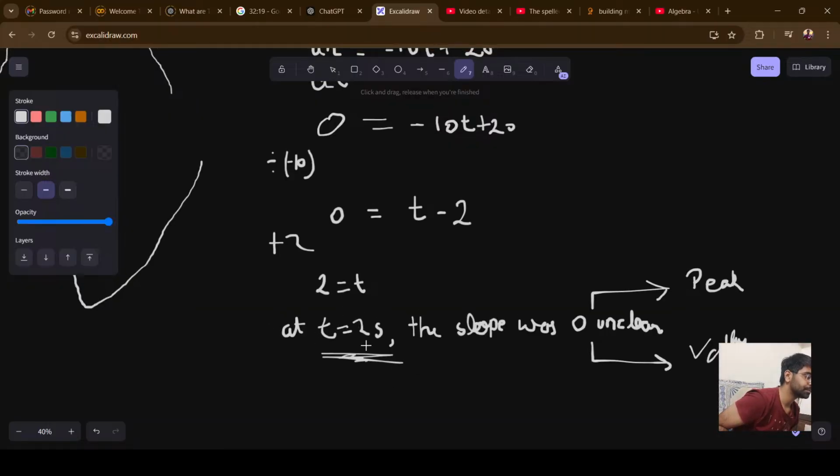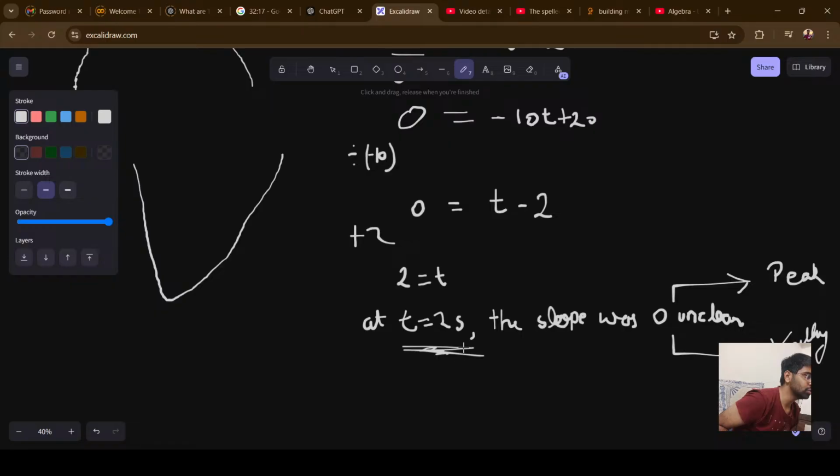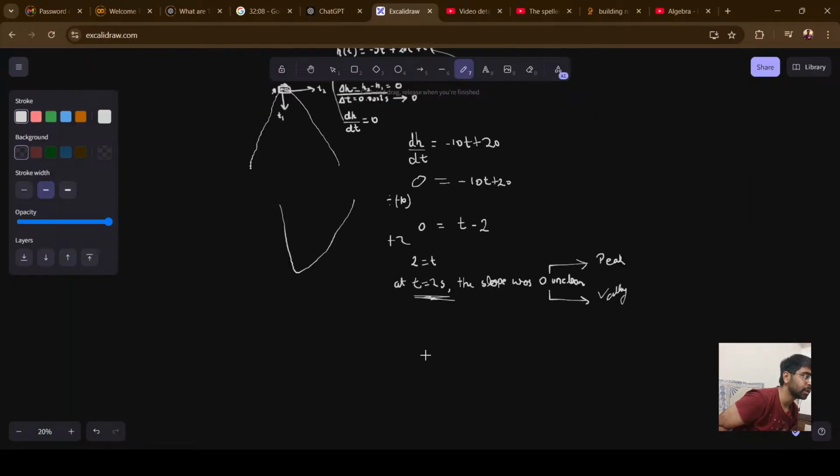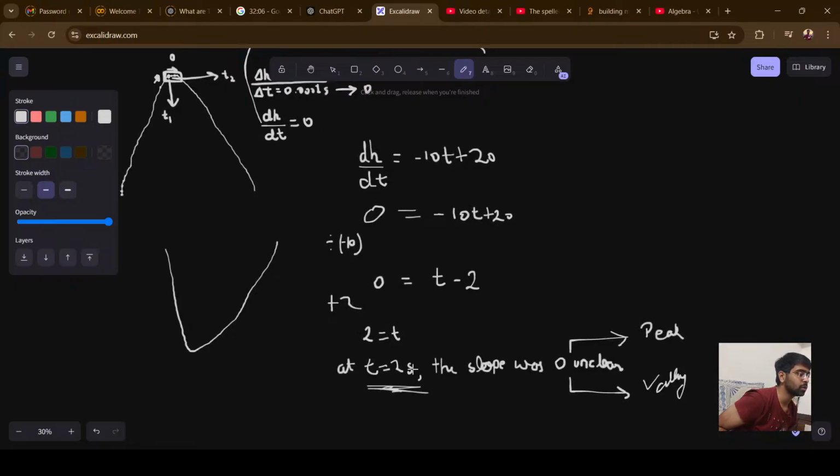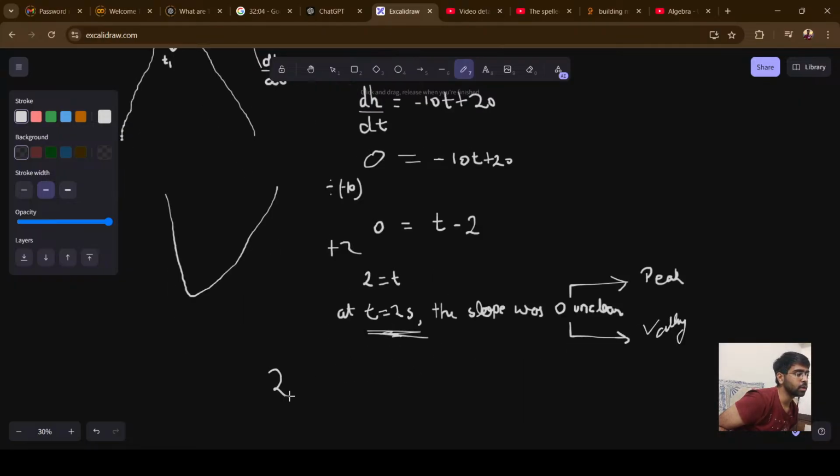Okay, so at t equals 2 seconds, the slope was 0. That's what we find. So it has one root. We can say t equals 2 is the root, right?